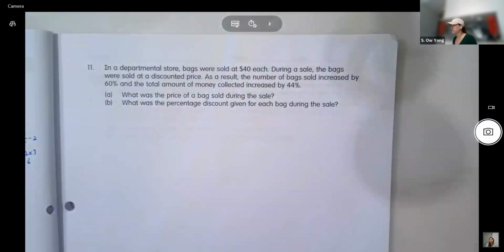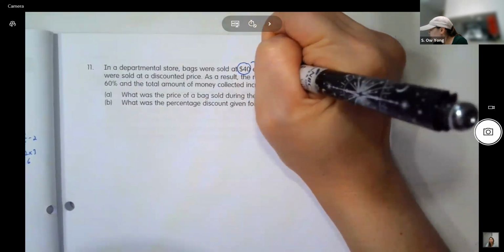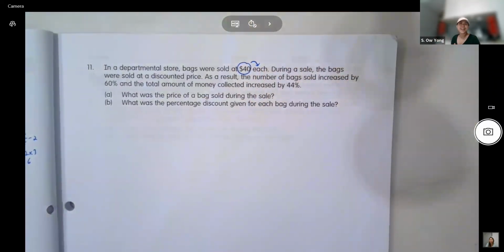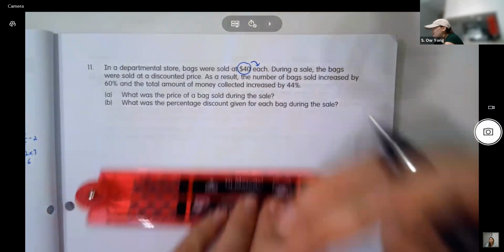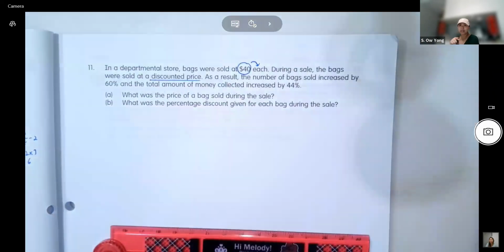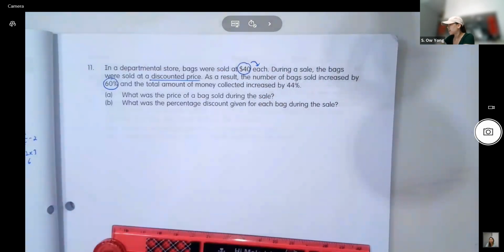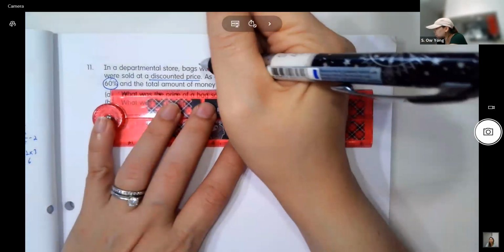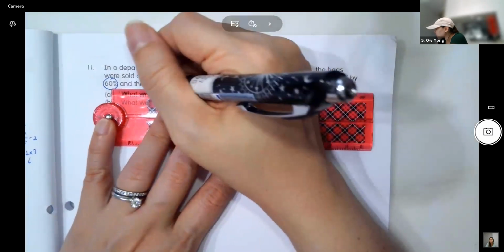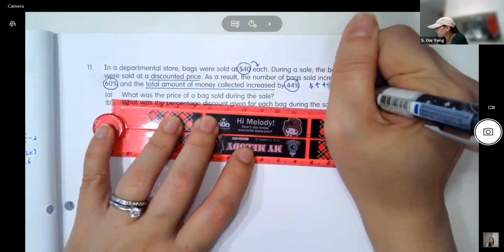At a departmental store, bags were sold at $40 each. During a sale, the bags were sold at a discounted price. So quite happy, wow, the bags sold at a discounted price. As a result, the number of bags sold increased by 60%, and the total amount of money collected increased by 44%.